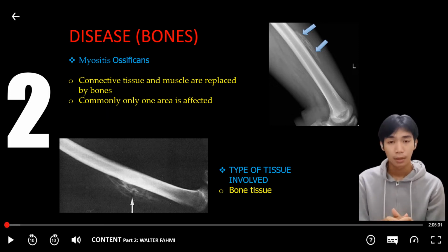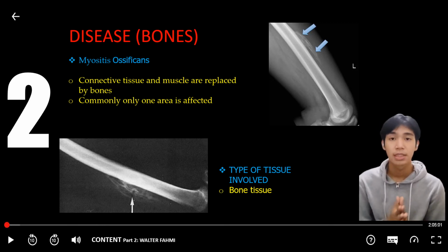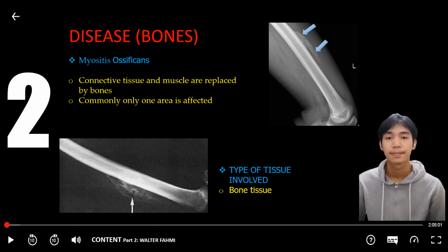In the more common local type, only one area is affected by it, and ossification is usually observed to follow injuries of the past.